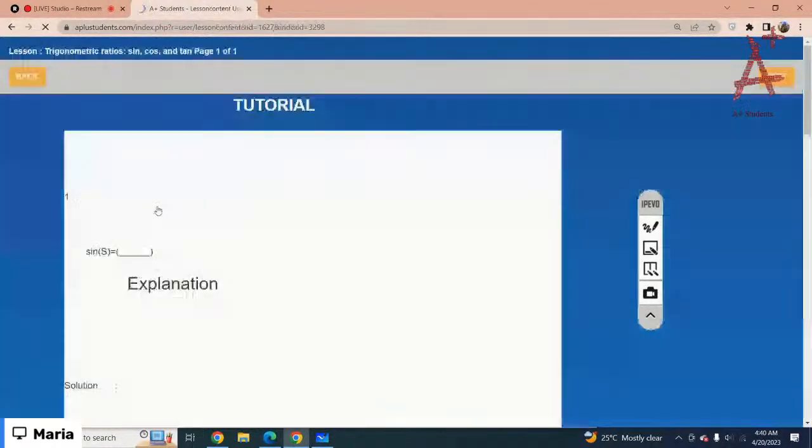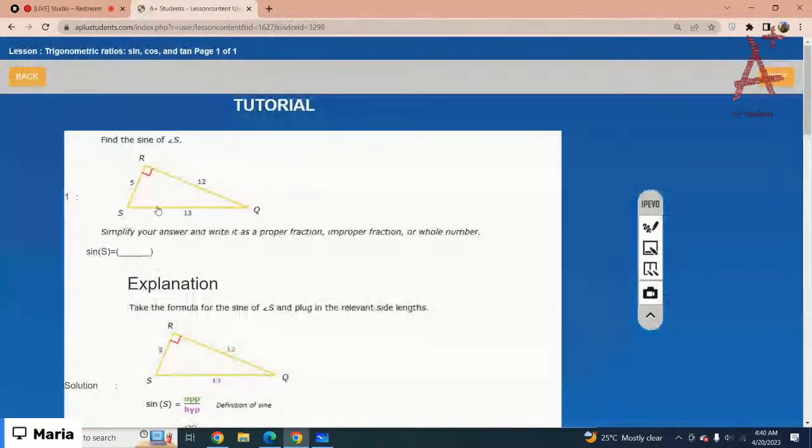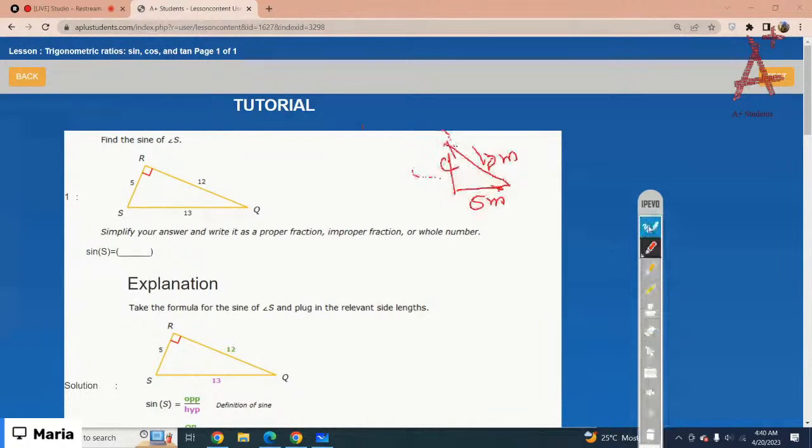Find the sine of angle S. You are given a triangle, and you have to calculate the sine of the angle S. Here is angle S. We know that the sine of angle S is opposite divided by hypotenuse.